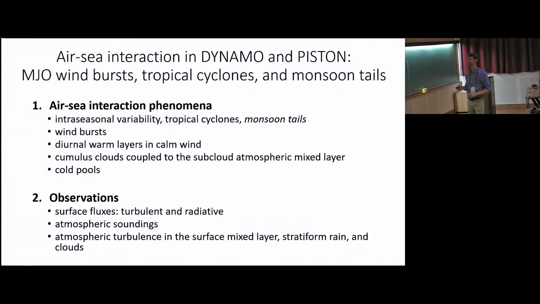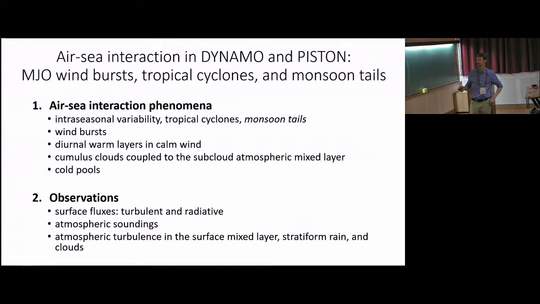And then cumulus clouds are coupled to the atmospheric mixed layer, boundary layer, and cold pools are a mechanism that also have a strong influence on the surface temperature and recharge the surface boundary layer with a little bit dry, but especially cold, air.